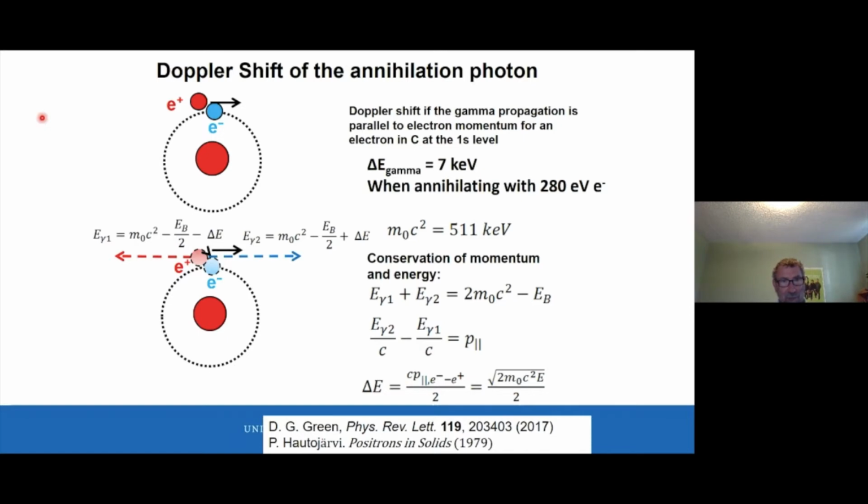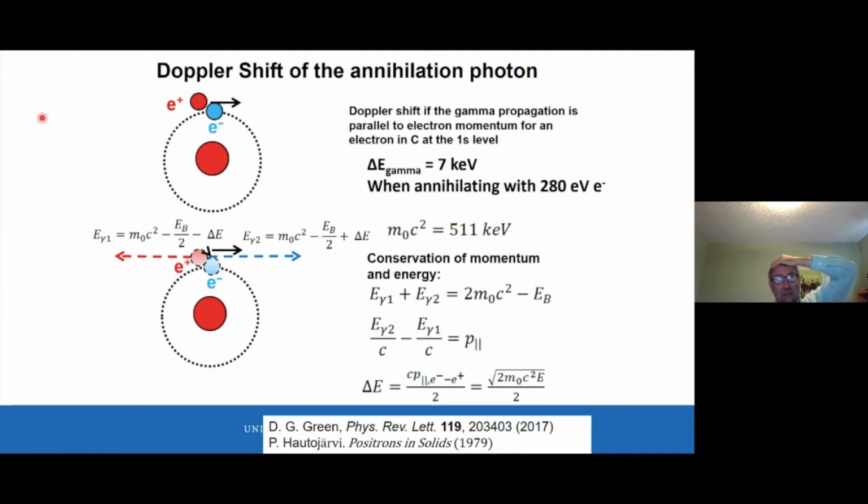But anyway, that gives us enough velocity that we can get a Doppler shift, just like the Doppler shift you hear when the siren goes by on an ambulance. If it's coming towards you, it's blue shifted. If it's going away from you, it's red shifted. So if the positron annihilates with an electron that's going toward the detector, you get a blue shift.